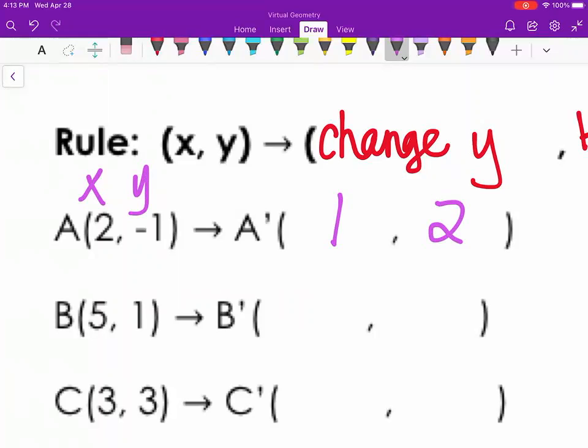Now let's do B. Change the y, +1 becomes a -1. Keep the x exactly the way it looks, put it at the end. Same thing for our last one. Change the y, so -3 is what we get. Keep the x, so +3 at the end. Let's graph our two sets of points and see what happens.